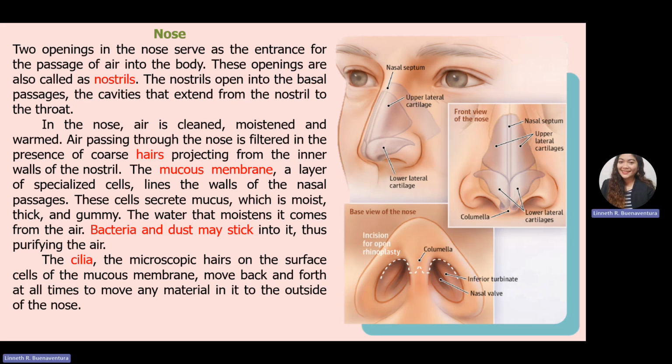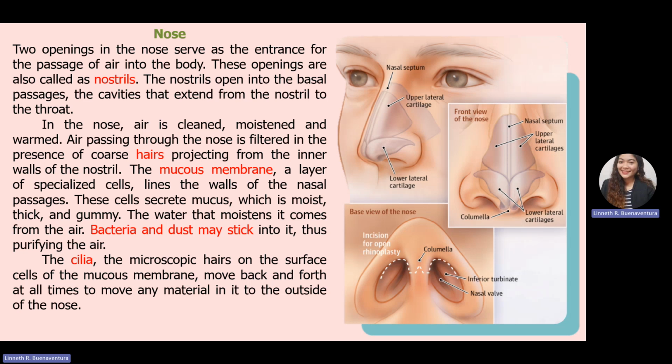So we have a process of purifying the air, thanks to the cilia. Cilia are microscopic hairs on the surface cells of the mucous membrane which move back and forth to move any material outside of the nose.